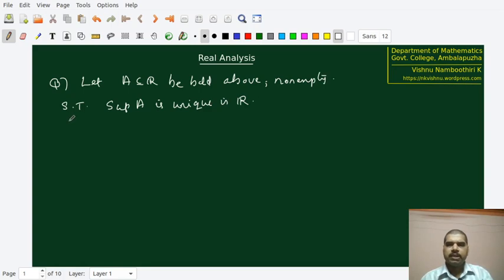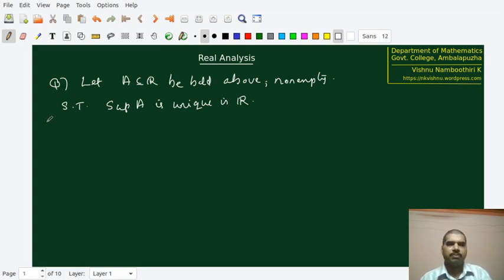So as in the case of many uniqueness problems in mathematics, here also we will use exactly the same technique. That means assume that, if possible, there are two numbers S1 and S2, both are supremum, and then finally we will come to the conclusion that S1 and S2 must be the same.